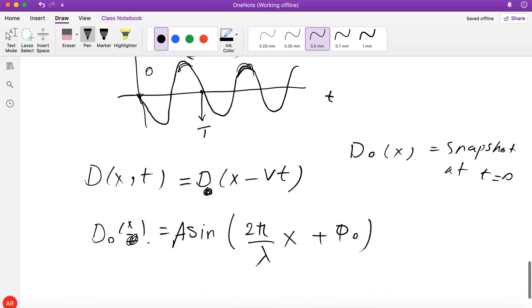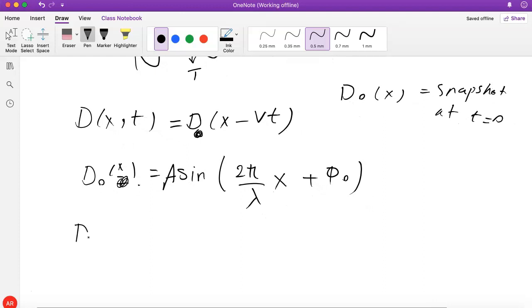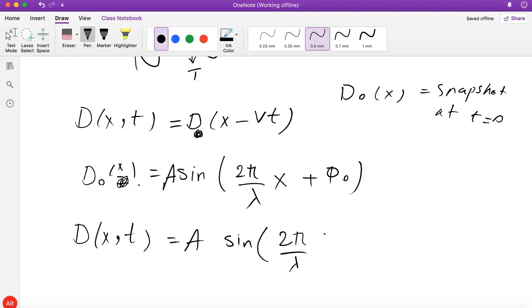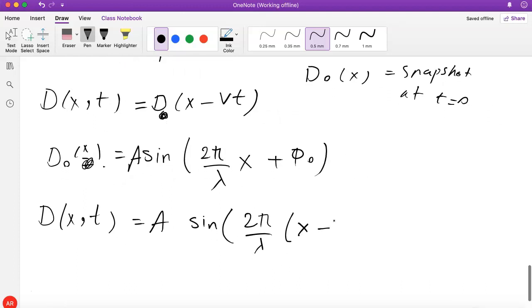So that ensures the correct periodicity. Now, from this, what can I say about d of x and t? Well, it becomes the amplitude times sine of 2 pi over lambda times (x minus vt) plus phi naught.